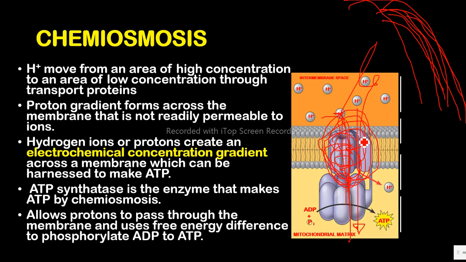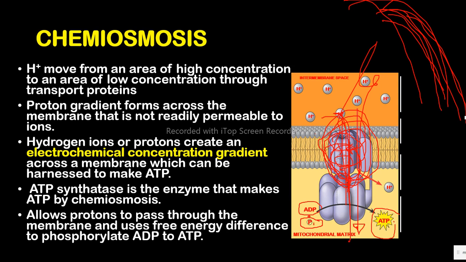Now as this protein is spinning, since it has the kinase activity on this domain, it will generate enough energy to add an inorganic phosphate to ADP to form ATP, a high energy compound. The ATP that is formed will be formed by chemiosmosis.